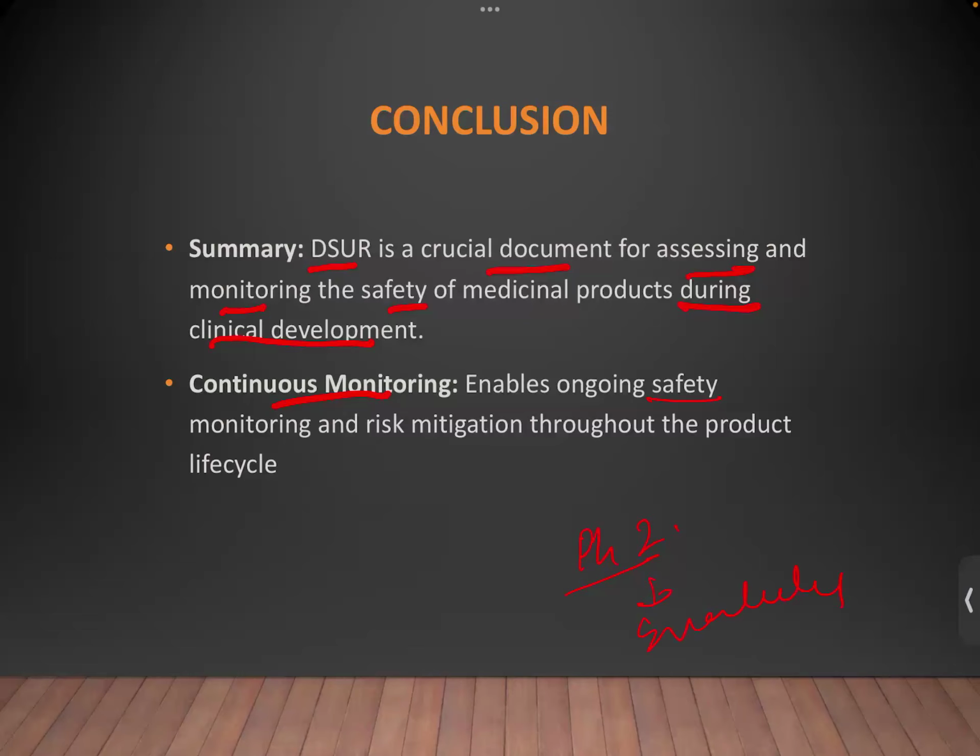You will see on ct.gov many times a trial is terminated because of these reports. They evaluated the risk early on, so we save the rest of the patients from being exposed to the risk, right? That's what they are doing.